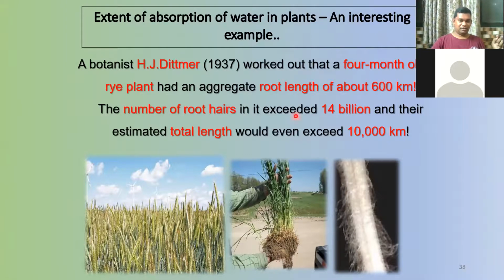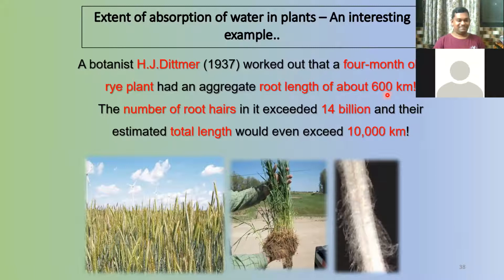Of the 4-month-old rye plant, including all the root hair, he calculated the approximate total root length. In a 4-month-old plant, the aggregate root length was found to be around 600 kilometers in just one plant.